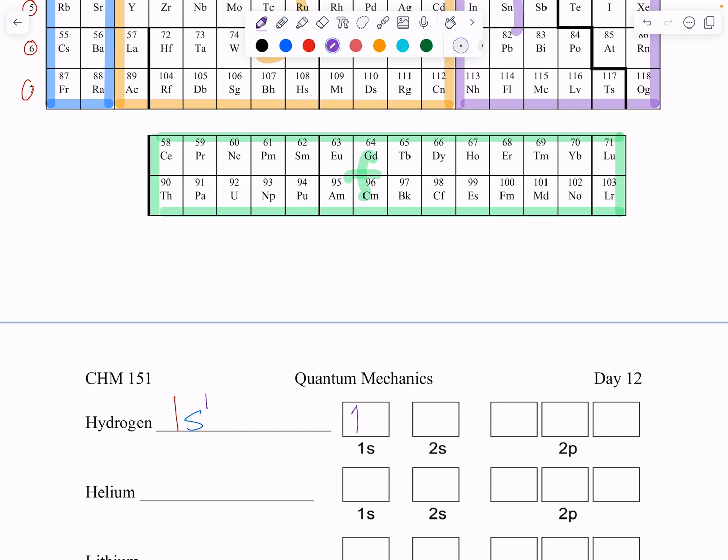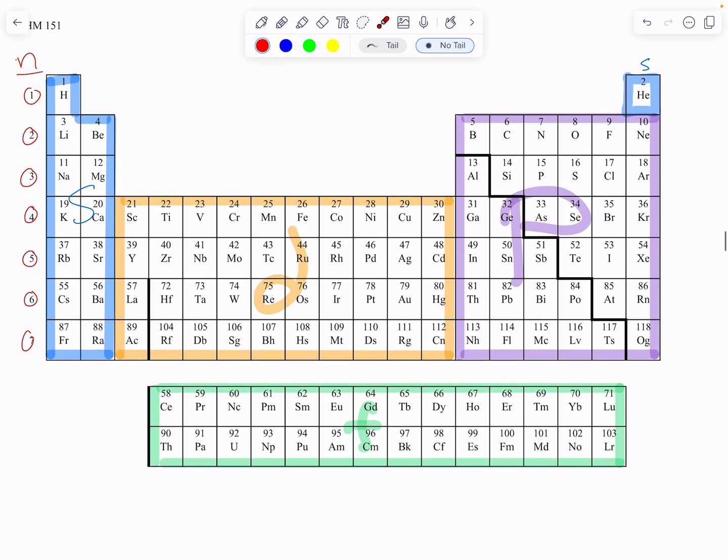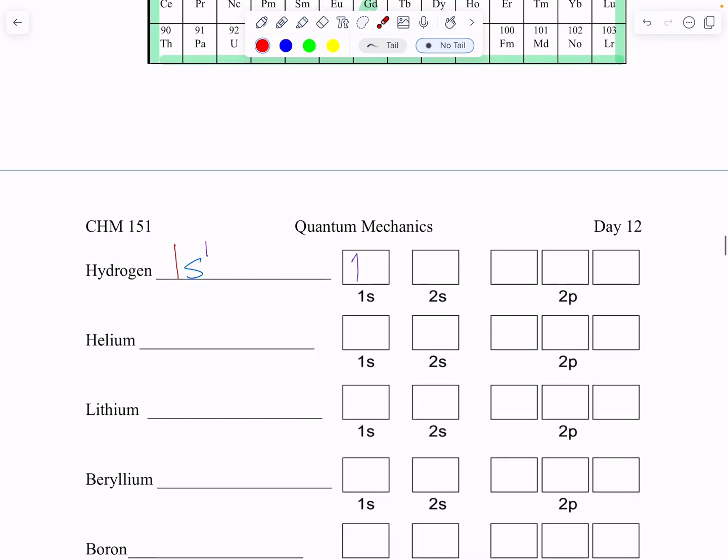Helium. If we look back at helium here, we're still N equals 1, 1s1, 1s2. So helium has 1s2, and it has an up and a down. All right.